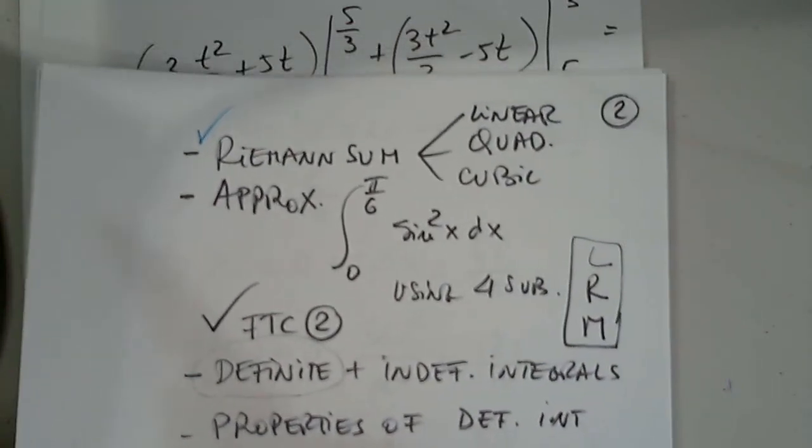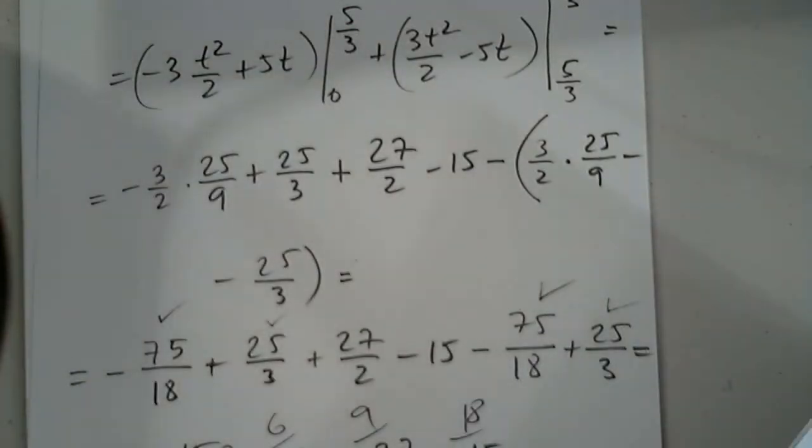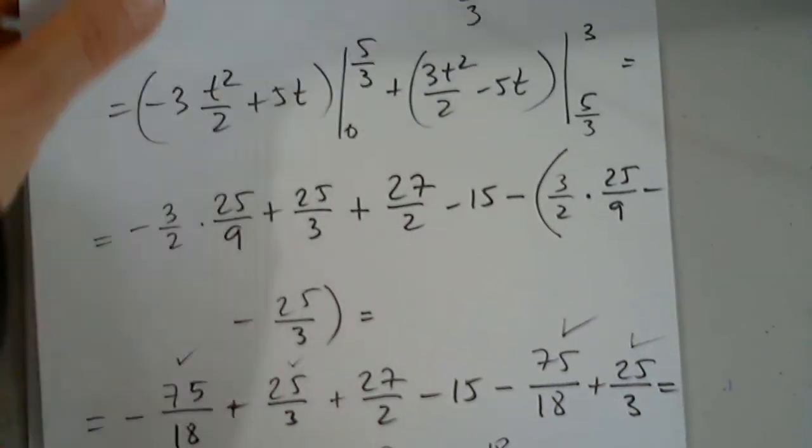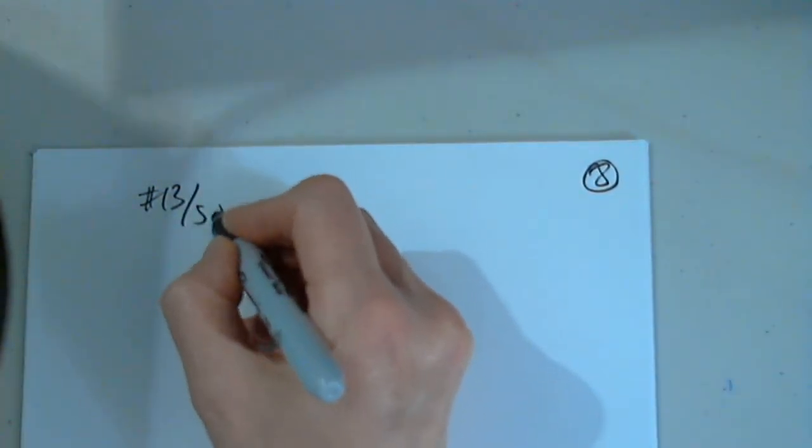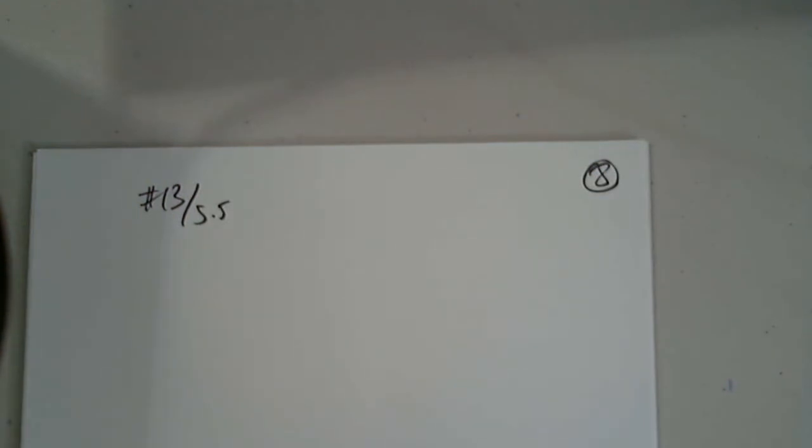Can we go over another WebAssign problem? Yes, yes. It was used for WebAssign. It was chapter 5.5, question 13. Very good. Let me share my screen. Oh, you said WebAssign. Sorry. Correct.